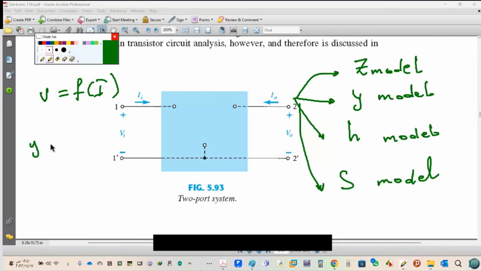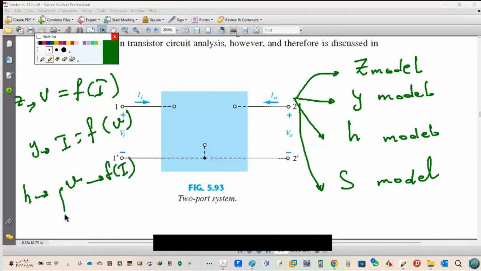The Y model is I as a function of V. Hybrid means V as a function of I and I as a function of V. So it's called the Z model, Y model, hybrid model, and this is the S model.